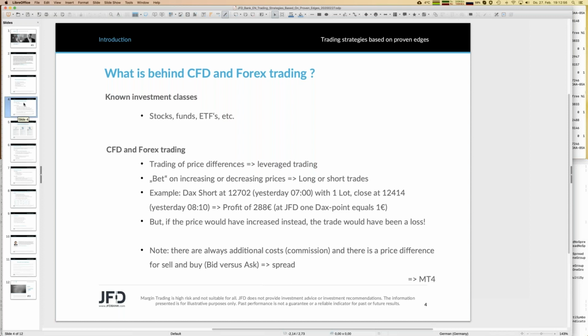But if the price would have increased instead, the trade would have been a loss. Same amount, 288 euros, if the price would have increased by 288 points. You see, there's a risk. So risk is definitely involved.